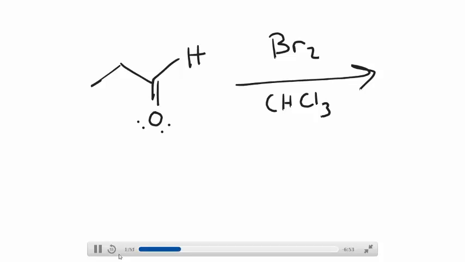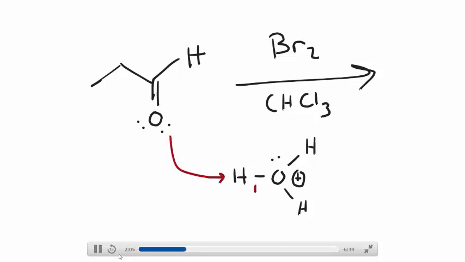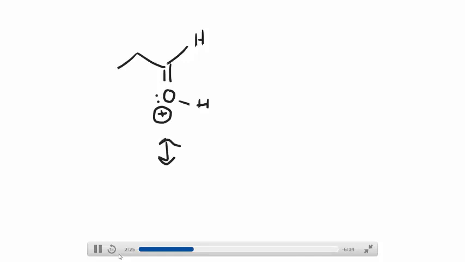So initially, what happens? Well, your acid source, you will use an oxy acid, by the way. You will use it to protonate the carbonyl oxygen, just like we did as we went to the enol before. And by doing so, you're going to have resonance stabilization of the positive charge on the carbonyl carbon and the carbonyl oxygen.